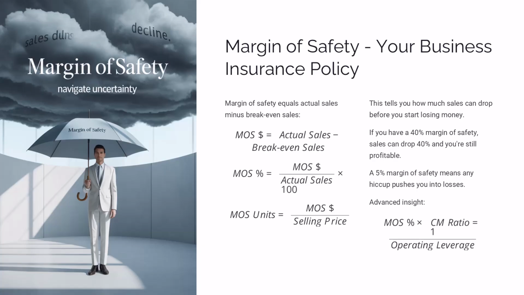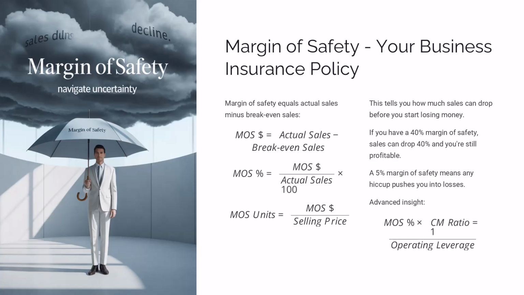Margin of safety equals actual sales minus break-even sales, calculated as MOS dollars equals actual sales minus break-even sales. MOS percent equals MOS dollars divided by actual sales times 100, and MOS units equals MOS dollars divided by selling price, telling you how much sales can drop before you start losing money, with the percentage being most useful because it's comparable across different businesses and time periods.